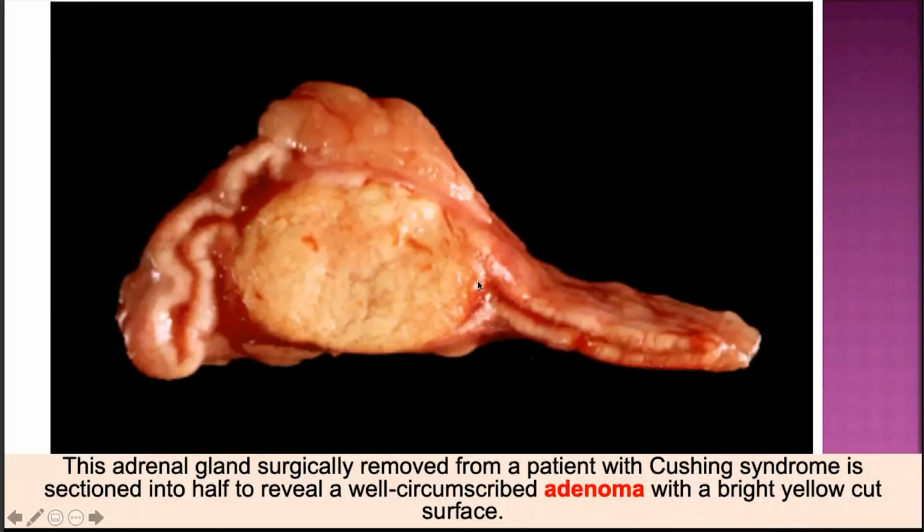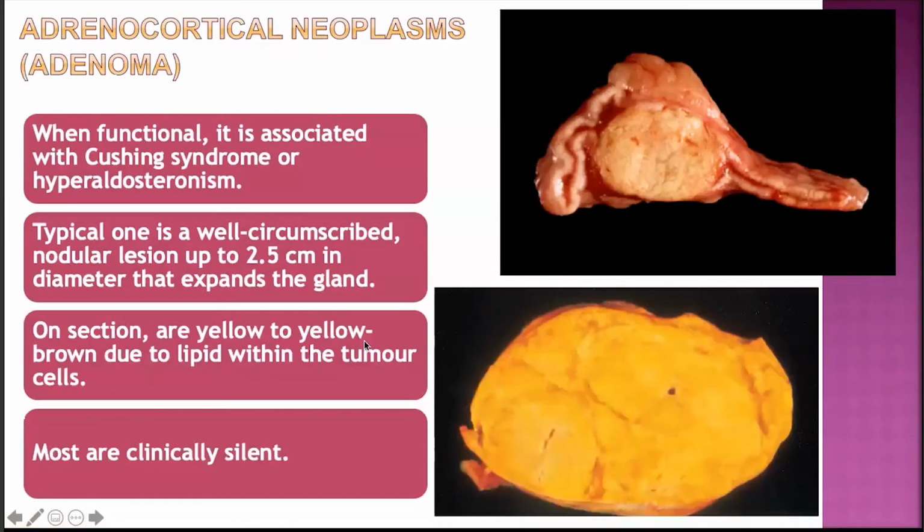And here in the middle, it is medulla. It appears as a very solid tumor with homogeneous surface, well circumscribed, well encapsulated, bright yellow in color. That is adrenocortical adenoma.